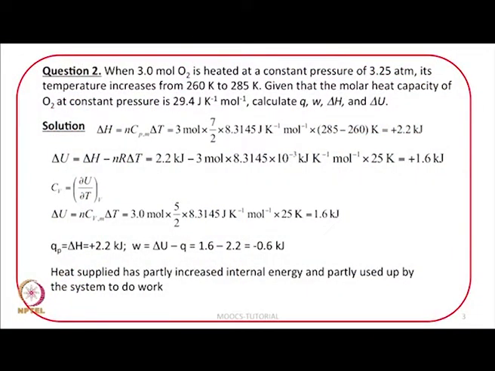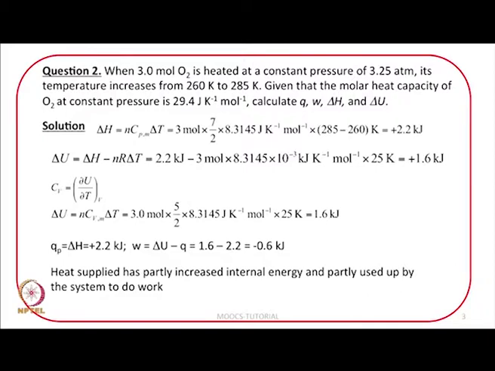These are the numbers, but let us look at the meaning coming out from these numbers. The heat supplied is 2.2 kilojoules, and the change in internal energy is 1.6 kilojoule. That means, all the heat which is supplied has not led to increase in the internal energy, some of it has been used to do the work.